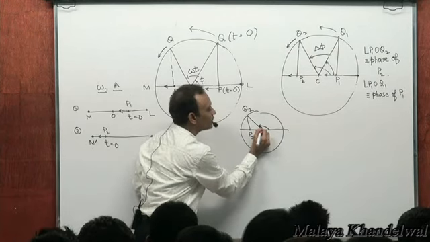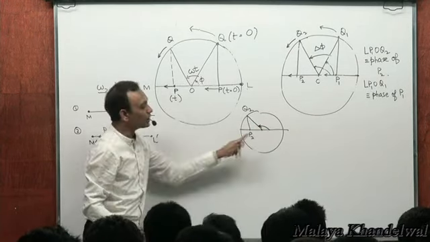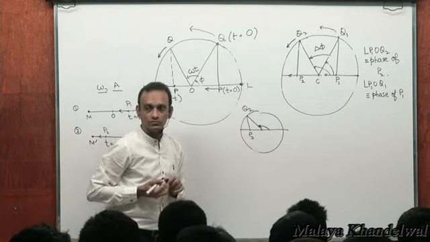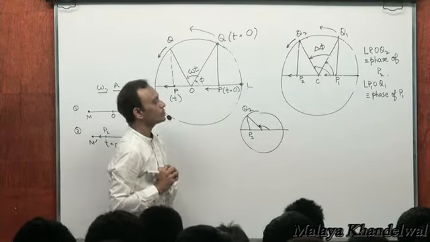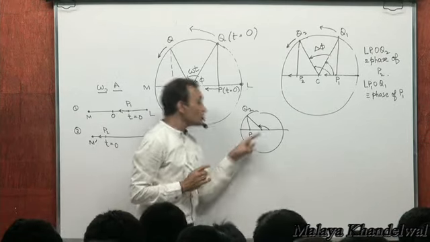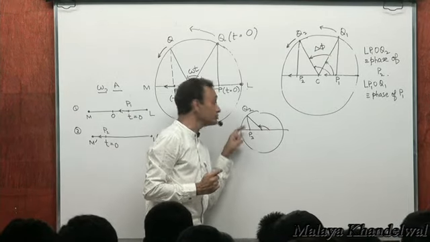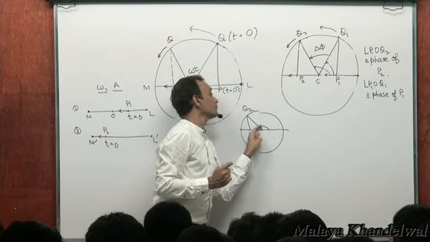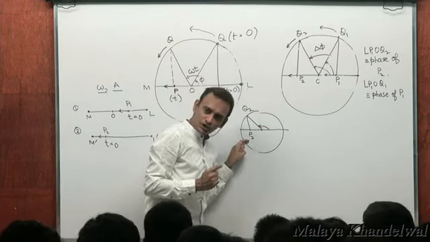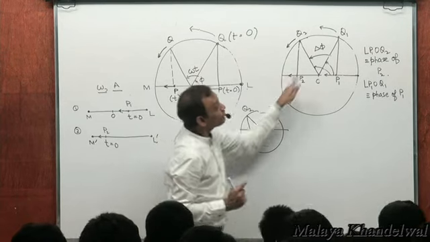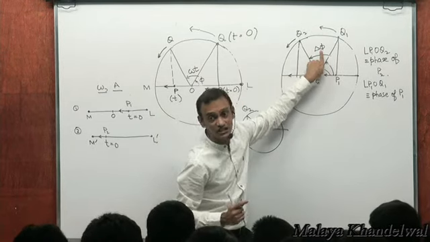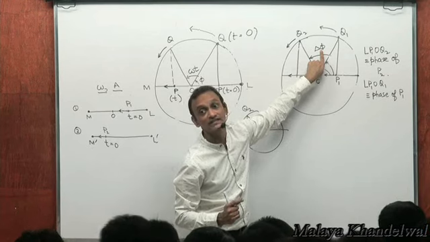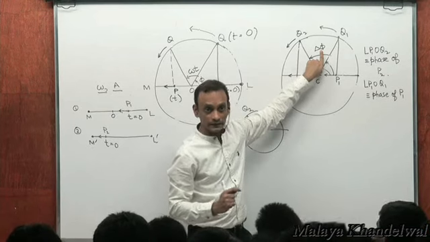This angle will be the phase of Q2, is it not P1OQ2? So this is how, for the phase of a certain oscillator, you move to the corresponding auxiliary particle. So delta phi is the phase difference between these two oscillations. Clear?